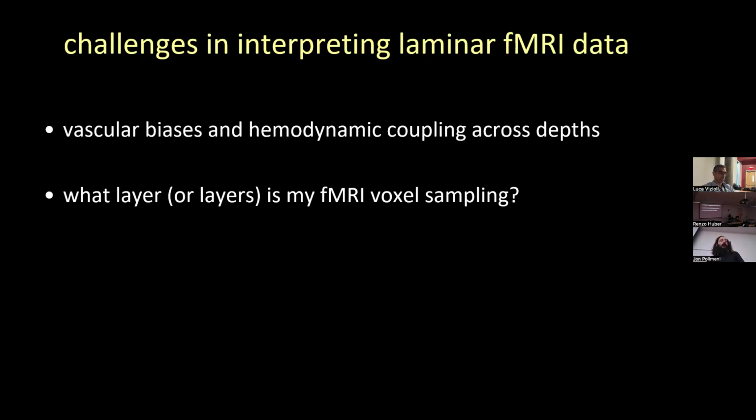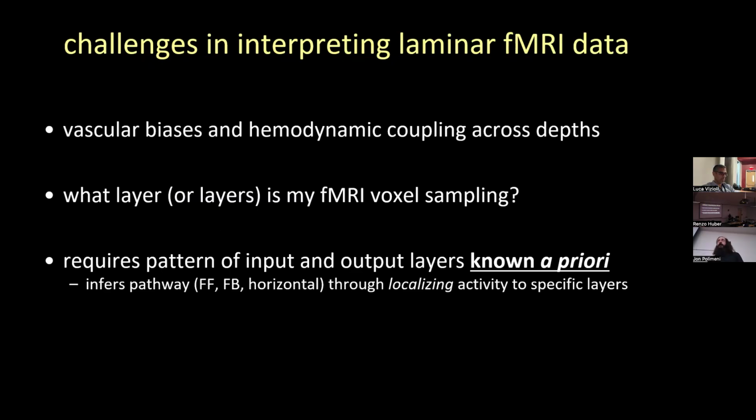It's also challenging to know what layer or layers a given fMRI voxel is sampling. I think in order to interpret these data, it requires prior knowledge about what the roles of the layers are, which are the input layers, and which are the output layers across different pathways. Because when we try to infer whether, for example, we're seeing activation that's consistent with, say, feedback, we need to know which layers are receiving that feedback.